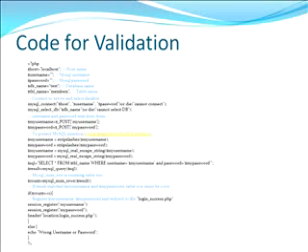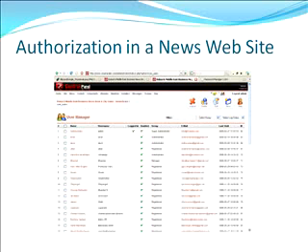When the system is carrying out the validation, it can be different for every user according to his user level. For example, this is the authorization in the news website, and this is a screenshot of what the administrator can view.